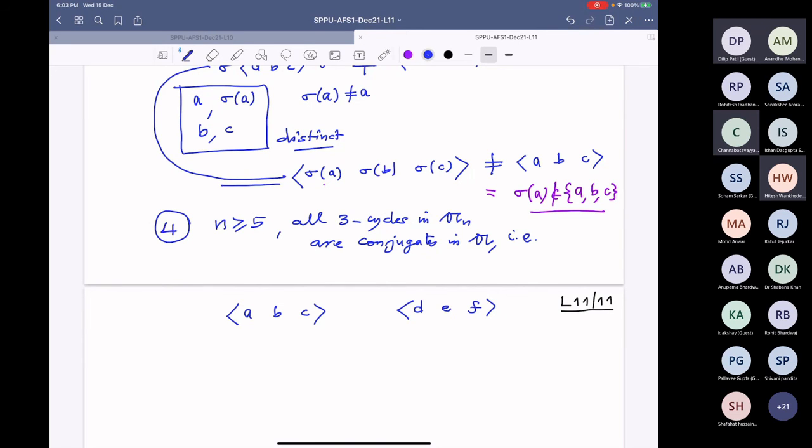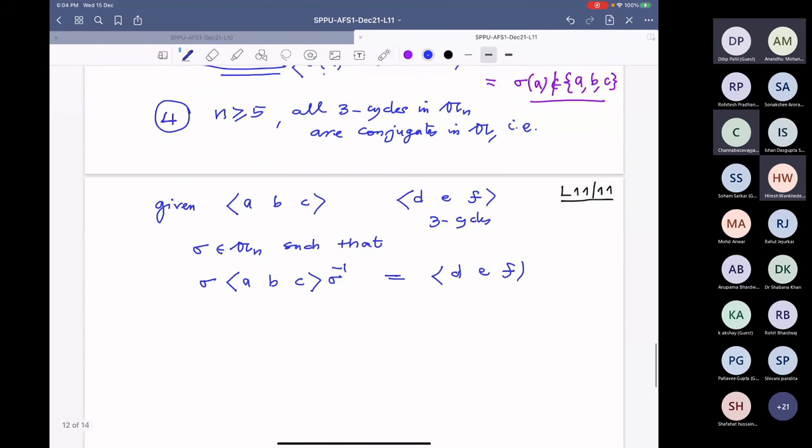They are conjugate means I should be able to find, given these 3 cycles, sigma in AN such that ABC conjugated by the sigma is equal to DEF.